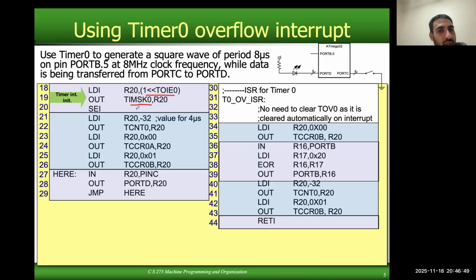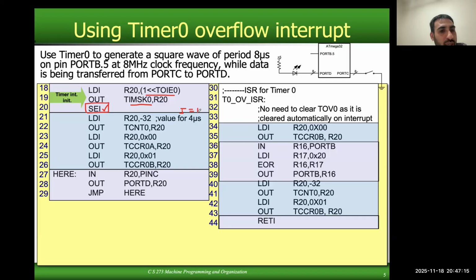But remember, whenever you are enabling the interrupts, you also need to write 1 into the I flag of the SREG register, the status register, right? You can do that by executing the set interrupt enable instruction. So this will set the I flag equal to 1 in your status register.